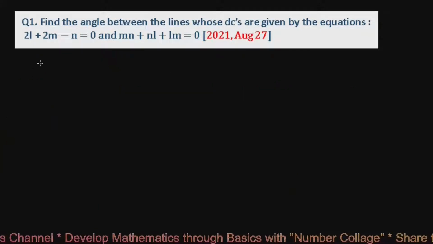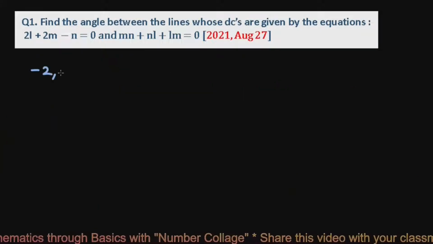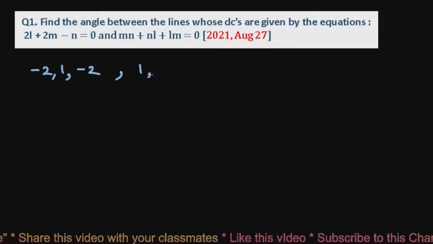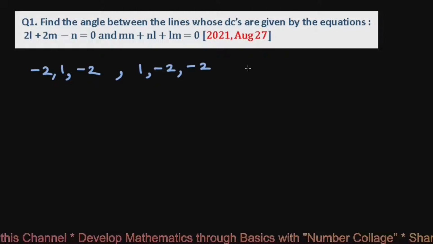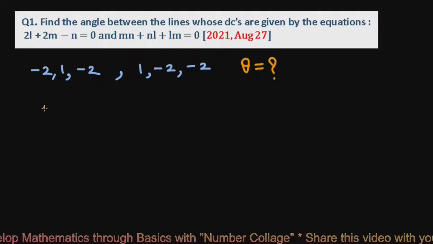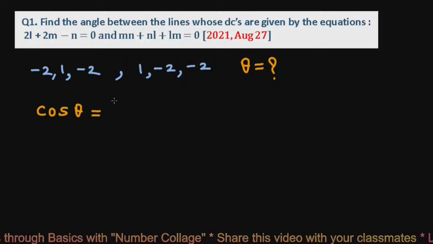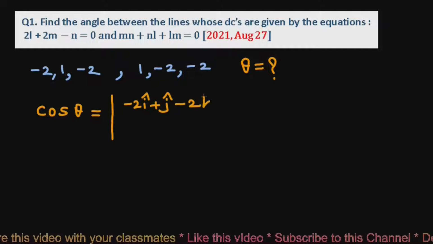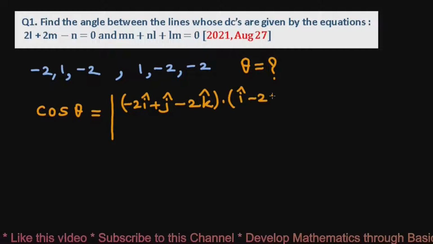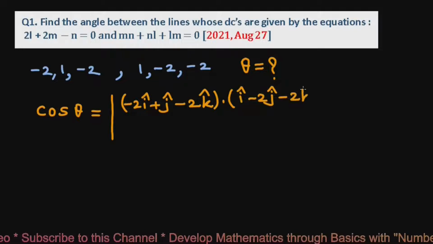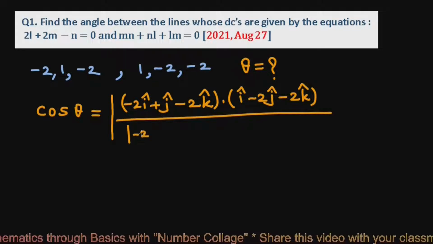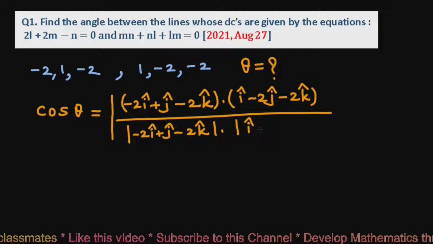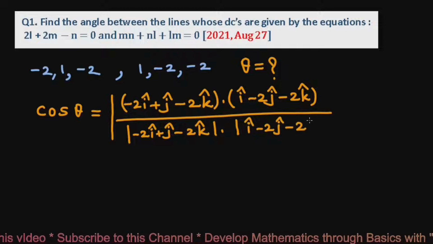Now we have direction cosines of the first line minus 2, 1, minus 2, and that of the second line 1, minus 2, minus 2. Now the angle theta between the two lines is cos theta equals mod of (minus 2 i cap plus j cap minus 2 k cap) dot (i cap minus 2 j cap minus 2 k cap) upon mod of (minus 2 i cap plus j cap minus 2 k cap) into mod of (i cap minus 2 j cap minus 2 k cap).